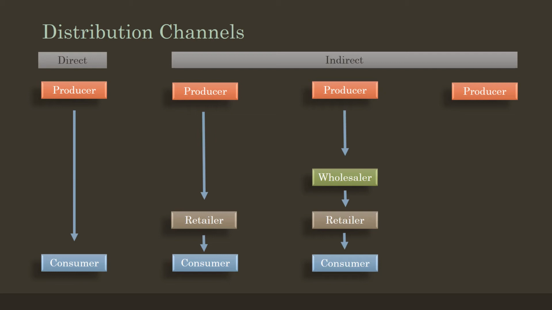And then lastly, you have the agent. Now, a lot of times agents are used for global things, for cross overseas. They may have exclusive deals to do that, and they more likely broker with a producer. They don't warehouse it, but they make sure it gets to a wholesaler or to a retailer.